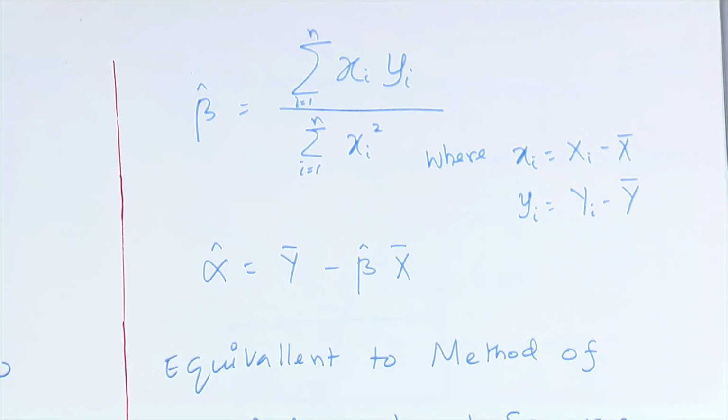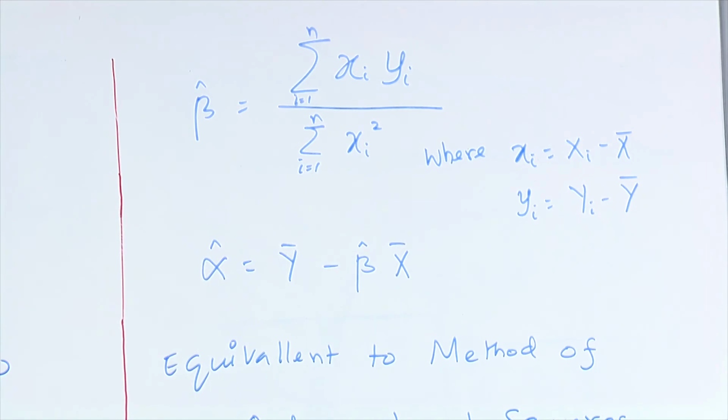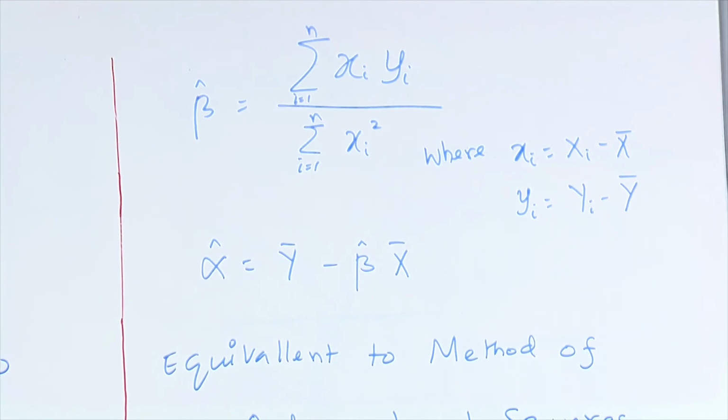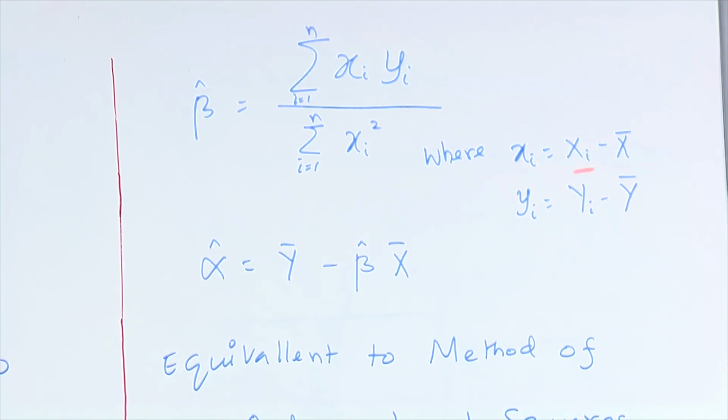They are just like the normal equations we saw in the method of ordinary least squares. If you solve these normal equations for alpha hat and beta hat, we get beta hat equal to sigma xi yi divided by sigma xi square, where xi is the deviation from the mean and yi is the observation's deviation from the mean of y.